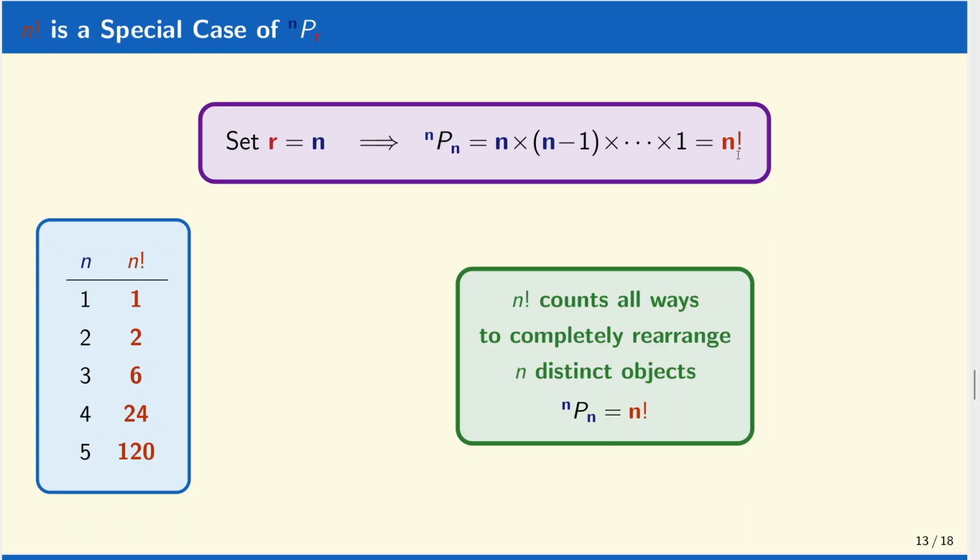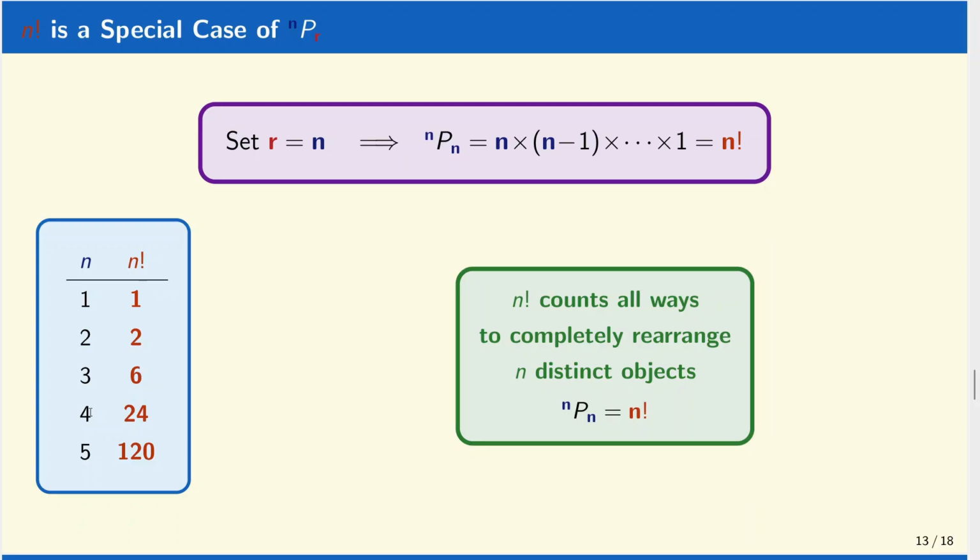To help you get comfortable with these numbers, let's look at the blue table on the left, showing n on one side and n factorial on the other. If n is 1, 1 factorial is simply 1. If n is 2, 2 factorial is 2 times 1, which is 2. If n is 3, 3 factorial is 3 times 2 times 1, which equals 6.